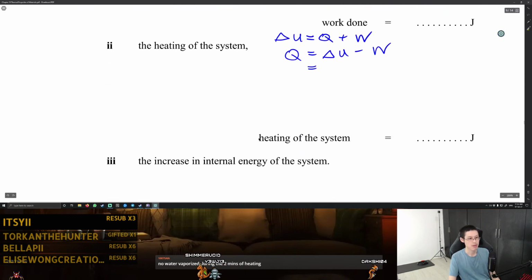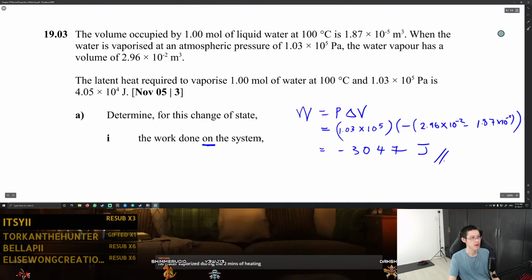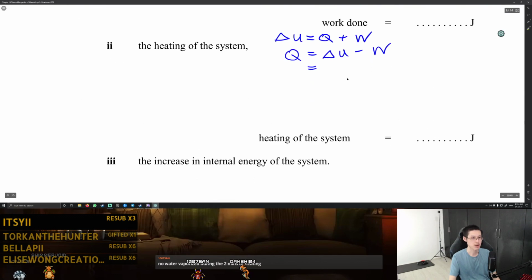Oh, wait, hang on. The latent heat required to vaporize 1 mole of water at 100 degrees Celsius is actually given. So we have 1 mole, so this is actually the answer. It's given to us indirectly. So it's 4.05 times 10 to the power 4. You don't even have to use the earlier values to calculate.